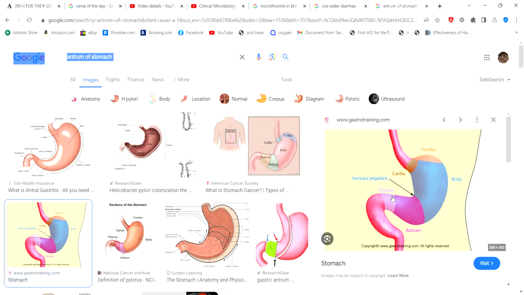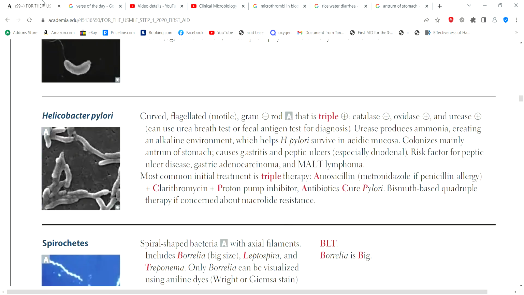I just looked at the picture like 10 times, because I always get confused between the fundus and the antrum and the pylorus. For some reason, I always switch it. But the fundus is up here, then F-A-P, FAP. I think we'll go with FAP. Maybe that'll be easier. So the antrum is where the H. pylori like to infect.